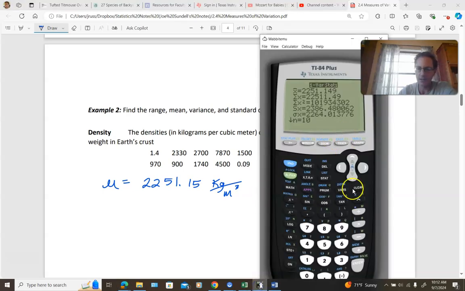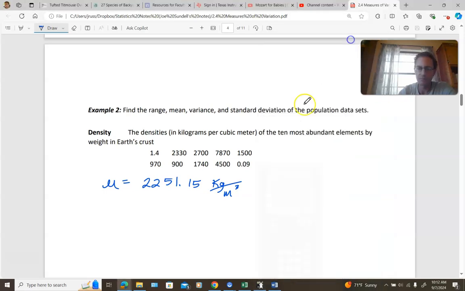Let's go back to the calculator. The nice thing about the calculator is that it'll actually give us the minimum and it'll give us the maximum. It doesn't actually give us the range, but you guys know that one's not difficult to find, okay? So the range here is just going to be the 7,870. Remember, the maximum minus the minimum. Okay, and the minimum is 0.09.